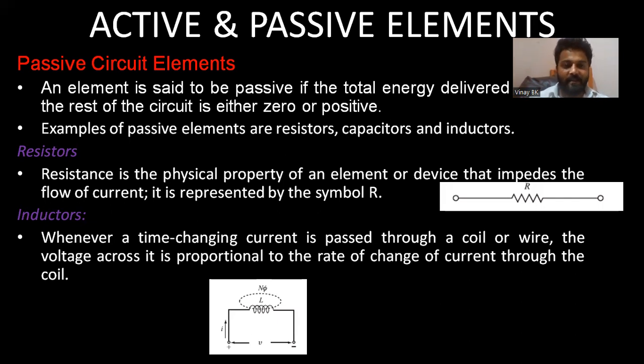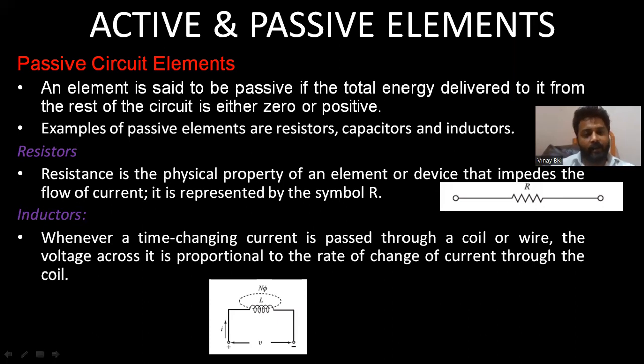For example, see here, a passive circuit element is nothing but an element that is said to be passive if the total energy delivered to it from the rest of the circuit is either zero or positive, meaning power delivering, or else sorry, energy consuming.